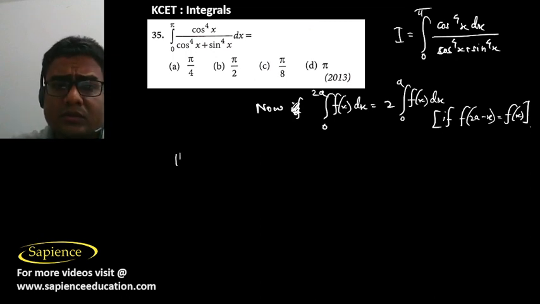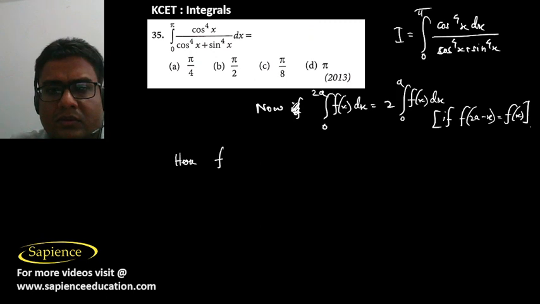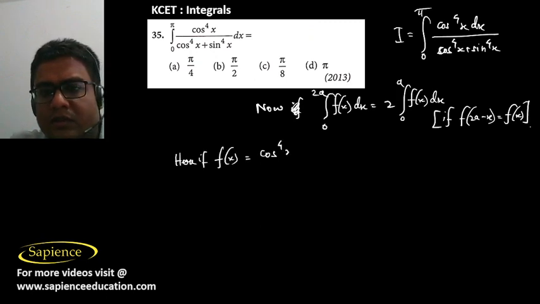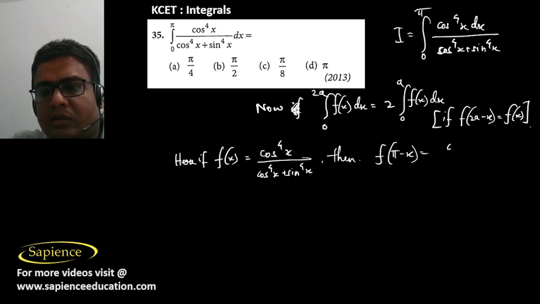So now here also in this integral, suppose I take f of x as cos power 4x by cos power 4x plus sine power 4x. Then f of pi minus x will be equal to cos power 4 of pi minus x, which is in the second quadrant.